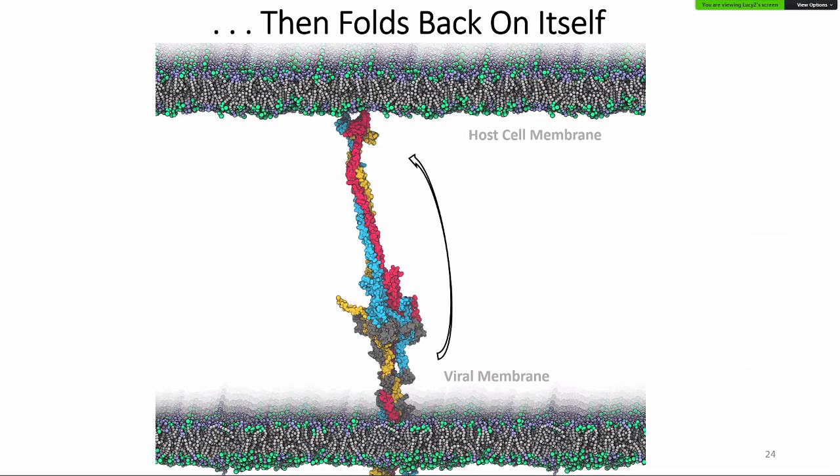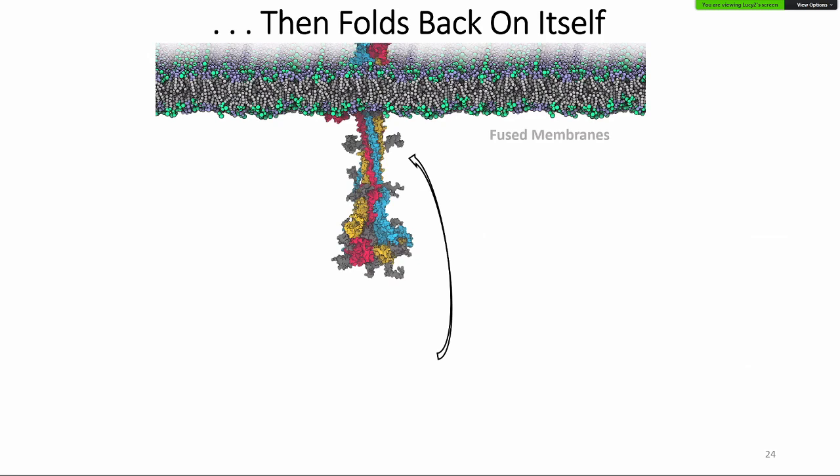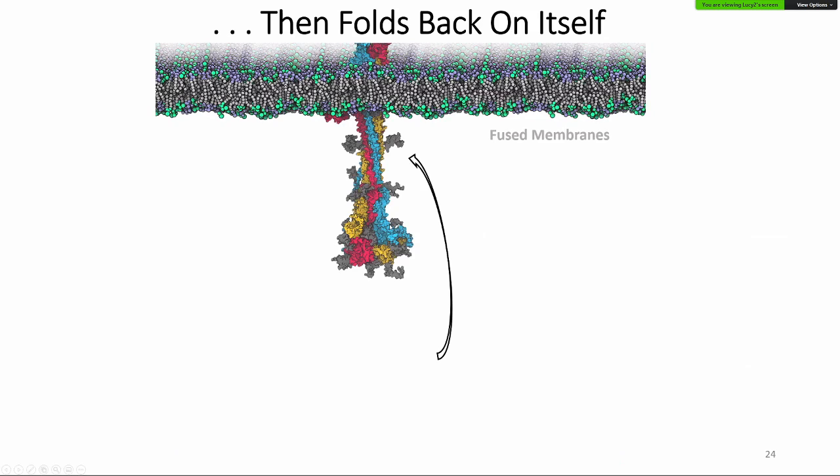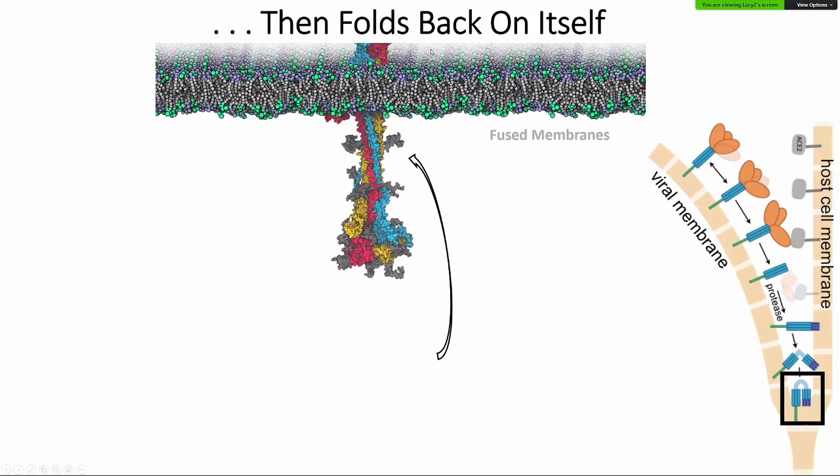And this part, again, takes a long while. This is kinetically very slow. And experiments in influenza, I think, which show a very similar process, show that this is effectively the rate-limiting step, this refolding of your post-fusion S2 structure into this final form.